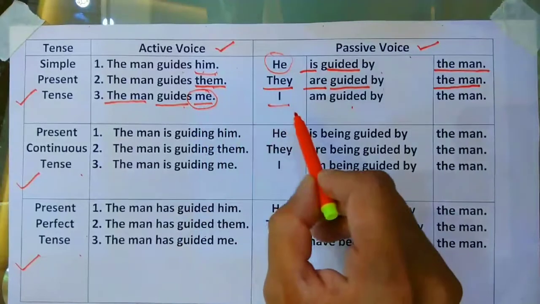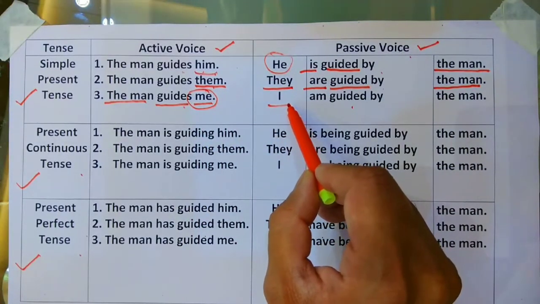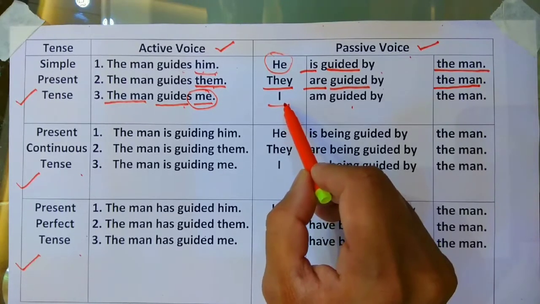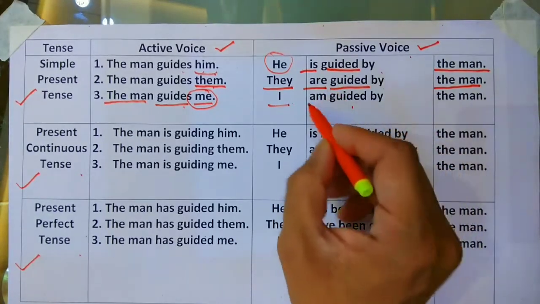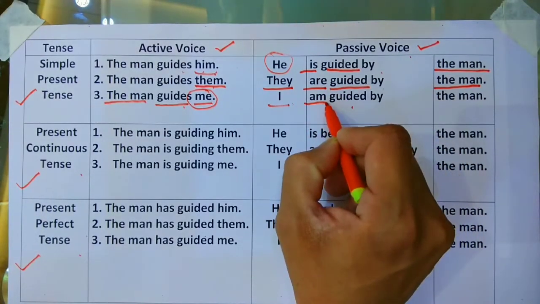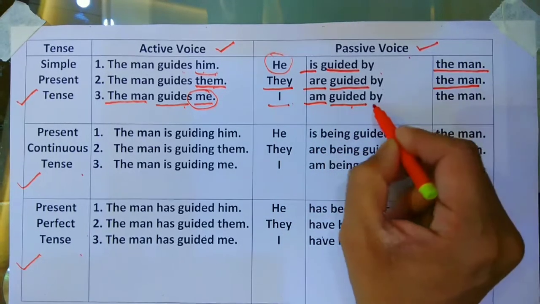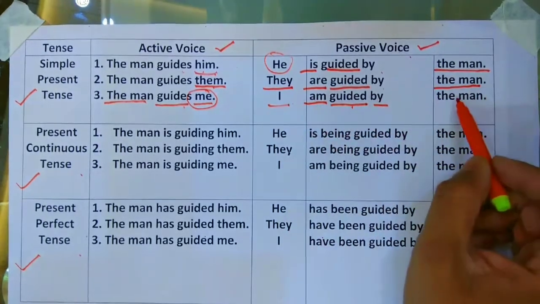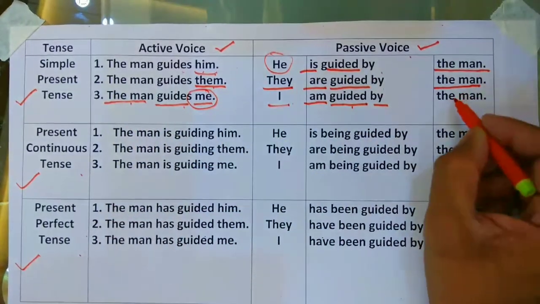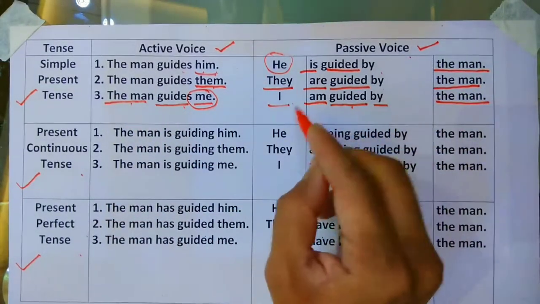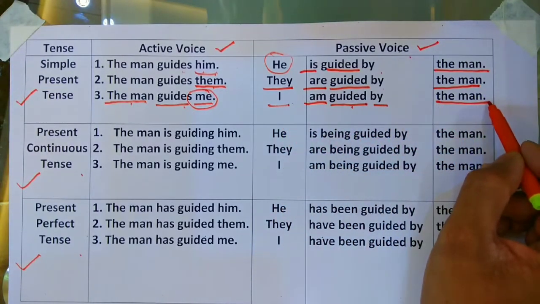Similarly, me into I. The pronoun I is also in a singular form because it denotes only one person, and therefore we have selected the helping verb am here, past participle form guided, preposition by, and we have swapped this subject at the end of the passive voice, and therefore the passive sentence or passive voice is I am guided by the man.